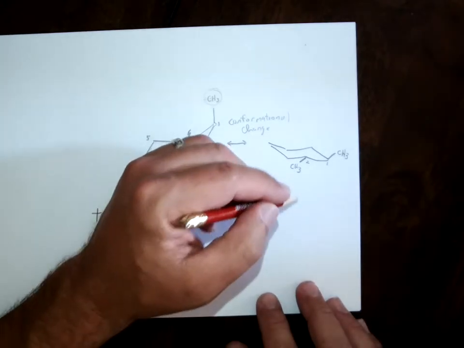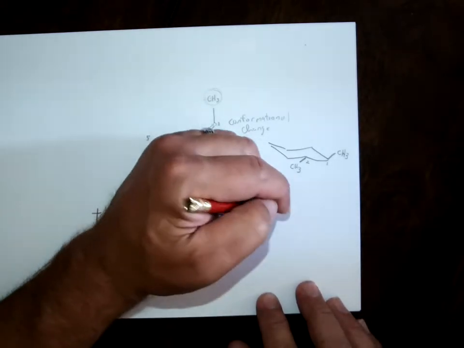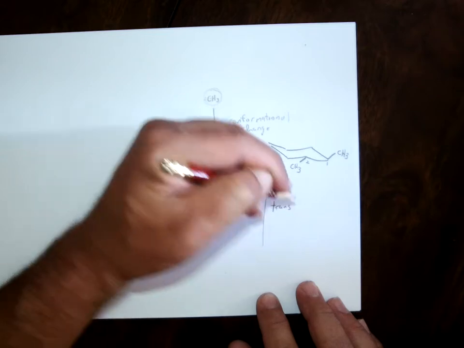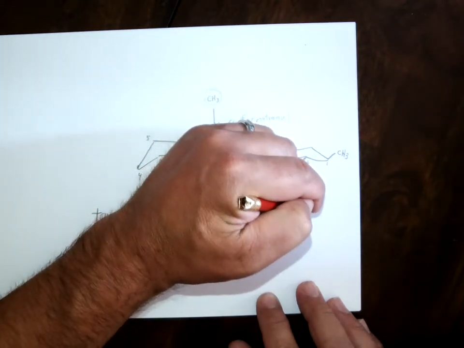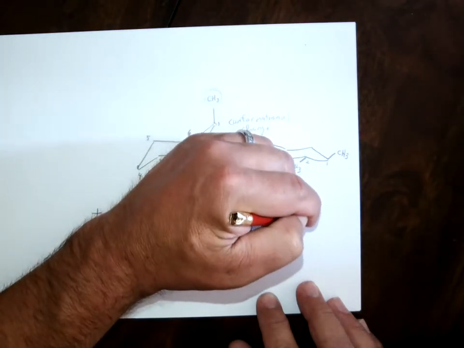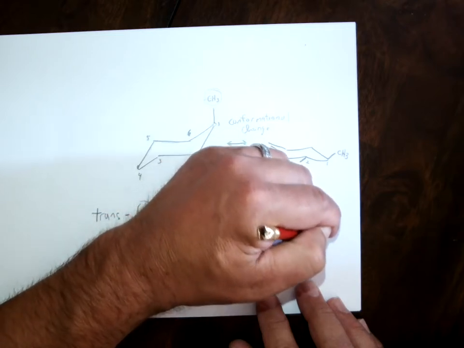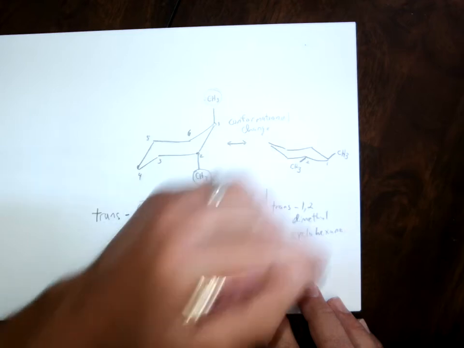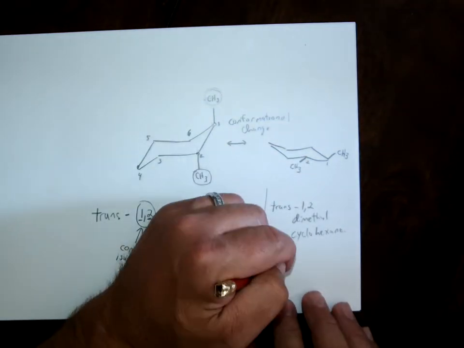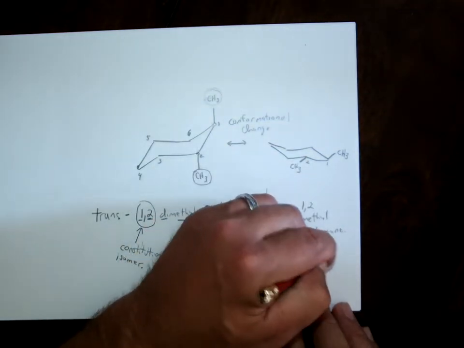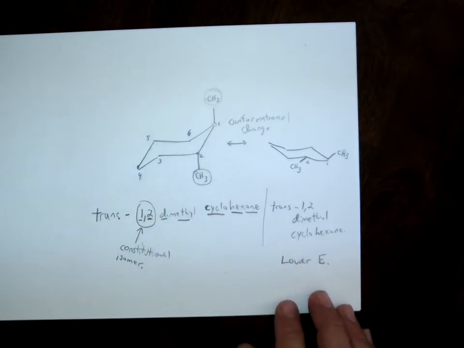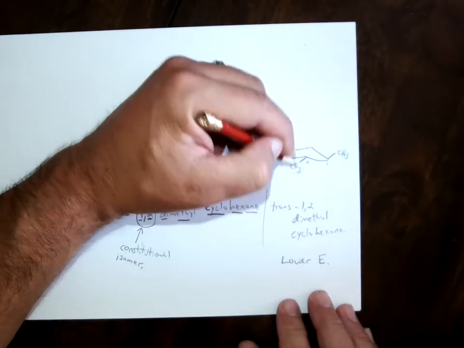So this other guy here is also trans 1,2-dimethyl cyclohexane, but this is going to be the lower energy one, the lower energy conformer, because the equatorial positions are roomier.